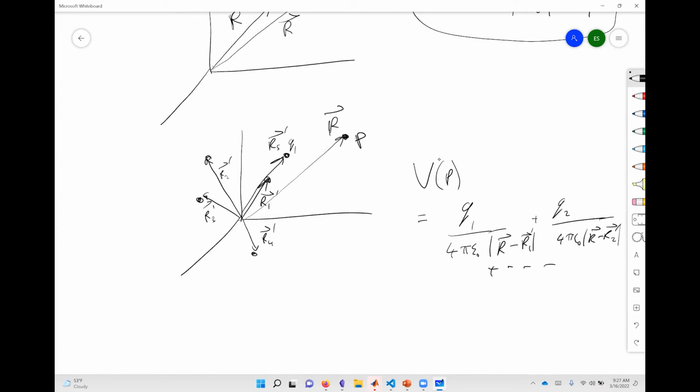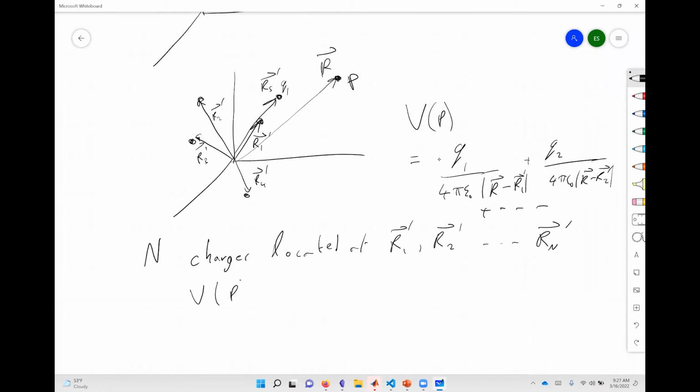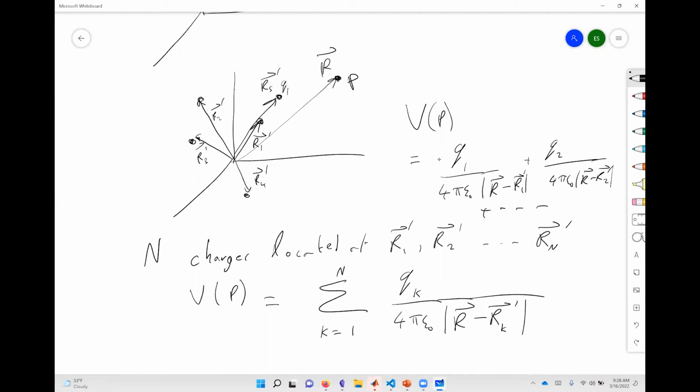So if you have, let's say, n charges distributed in space, located at R1 prime, R2 prime, all the way to Rn prime. So those are the locations of those n charges, and you're finding V at P, then V at P is going to be the sum over k from 1 to n of Qk over 4 pi epsilon naught magnitude R minus Rk prime. It's a matter of superposition, summing everything up.